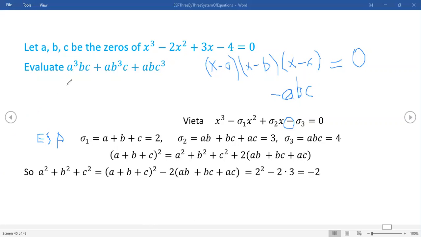Now, we're actually supposed to evaluate this expression right here. And it turns out I think we can factor some things out of here. In other words, you can factor an A squared out of this, so you would have A squared. You can do the very same thing if you factor B squared out, and then you can factor a C squared out right here.